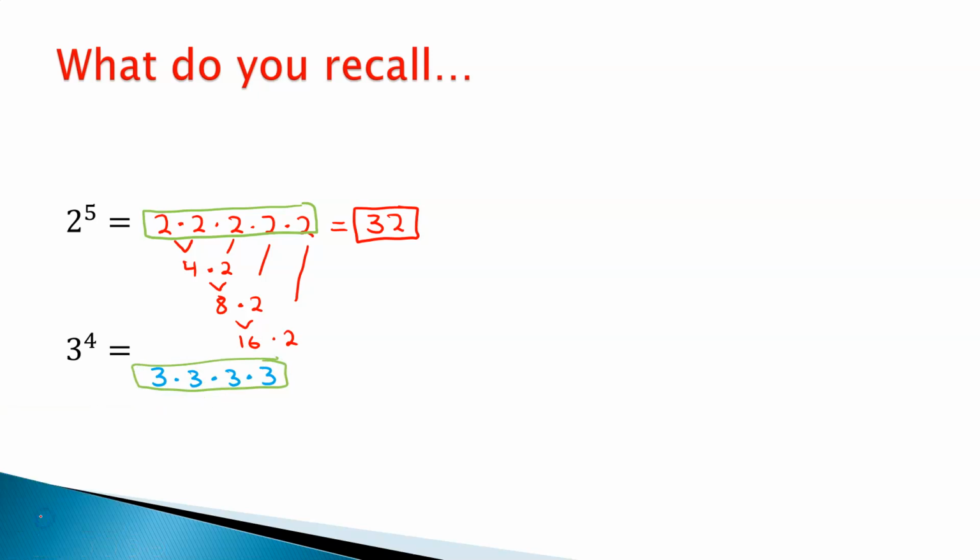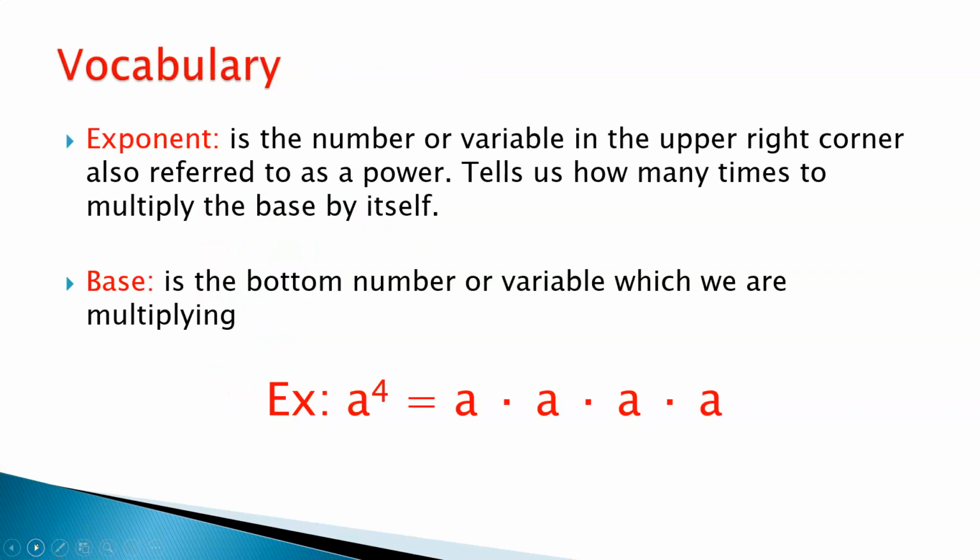And I'll go ahead and do that. 3 times 3 is 9 times one more 3. That would give me 27 times one more 3. 27 times 3 is 81. 3 to the fourth power is 81, or it really means 3 times 3 times 3 times 3, 4 times if we expanded it. All right, so this is what you should have covered back in 7th or 8th grade. So how do we take it to the next step?